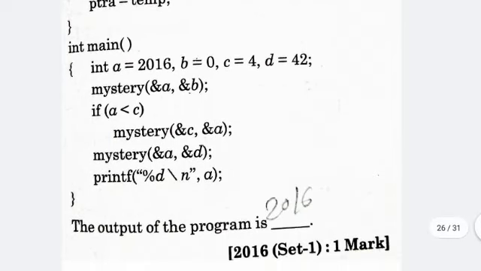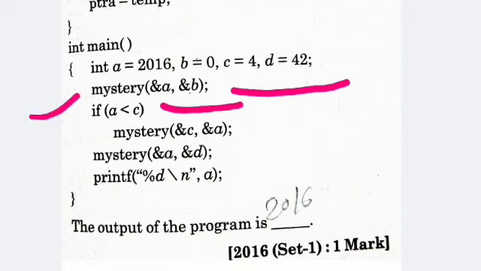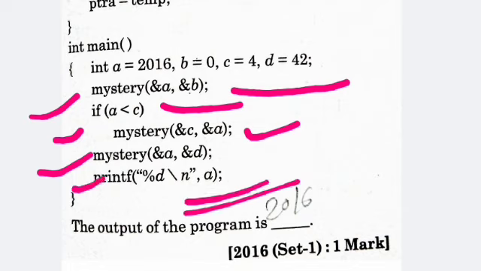Here the main function is given like a equal to 2016, b equal to 0, c equal to 4 and d equal to 42, and it calls the mystery function with the addresses of a and b. If a is less than c, then it calls mystery with the address of c and the address of b, and then calls mystery with a and d. Now print the value of e. So what is the output of the program?